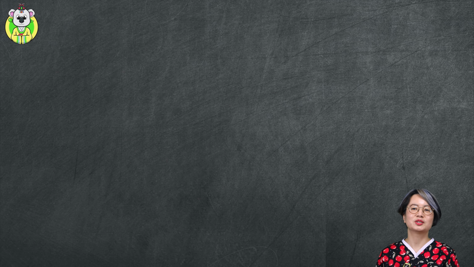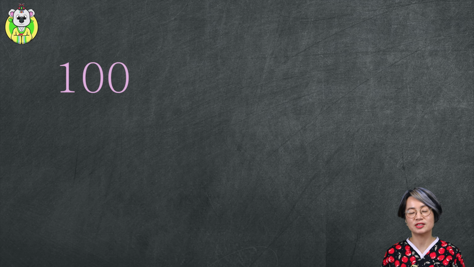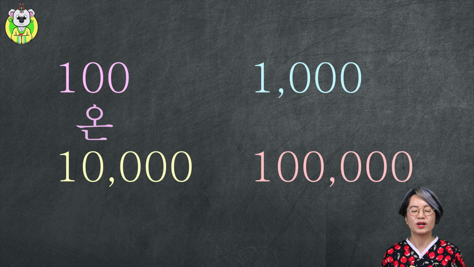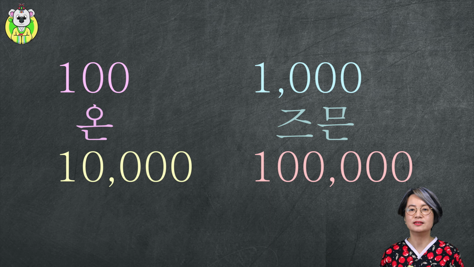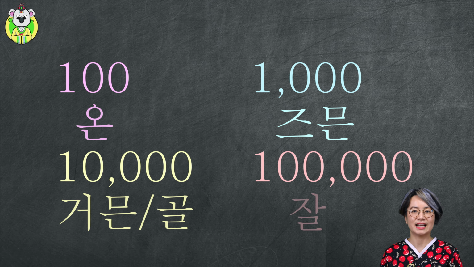Pure Korean numbers only go up to 99, but there used to be pure Korean numbers for 100, 1000, 10,000, and even 100,000. 100 was 온, 1000 was 주문, 10,000 was 검은 or 골, 100,000 was 잘.